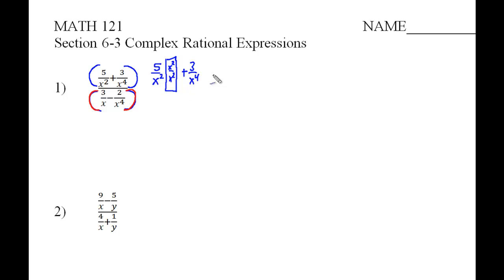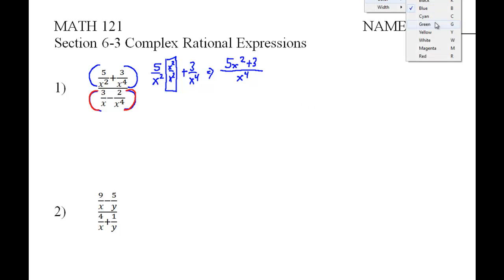Now this will change the top expression into 5x squared plus 3 divided by x to the fourth power. Since I've got my common denominators, I can put that under that. Now let me change to red and work with my work down here. So my common denominator here, by coincidence, is going to be x to the fourth power.